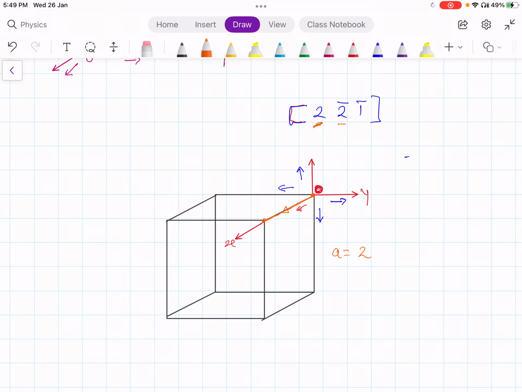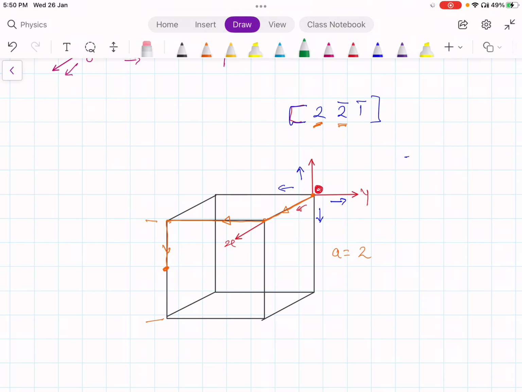Then distance minus 2 along the negative y, because from here to here is 2, but we have to move only half of that, that is 1. So you reach at this point.